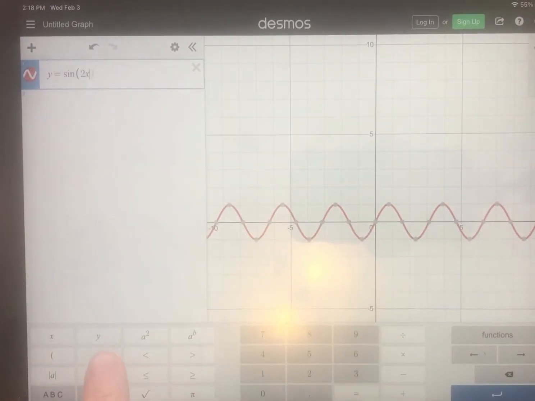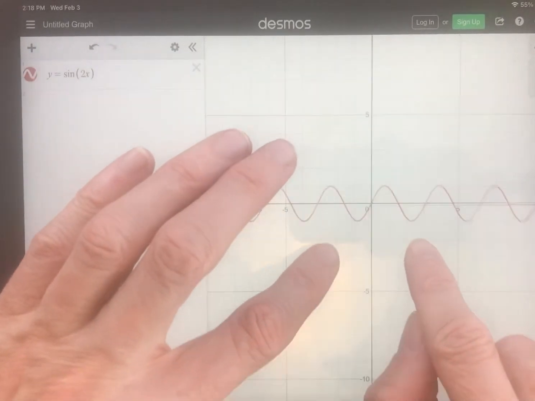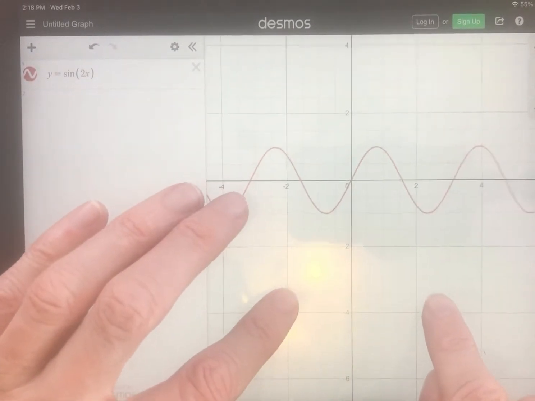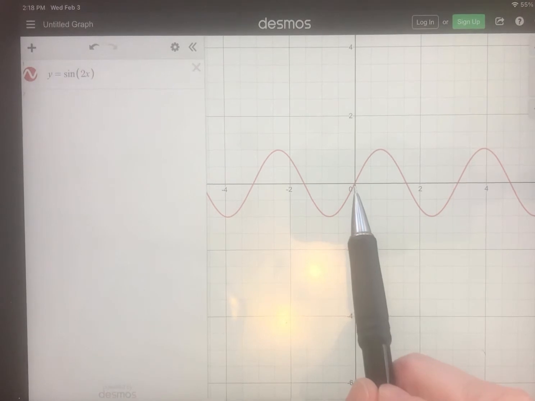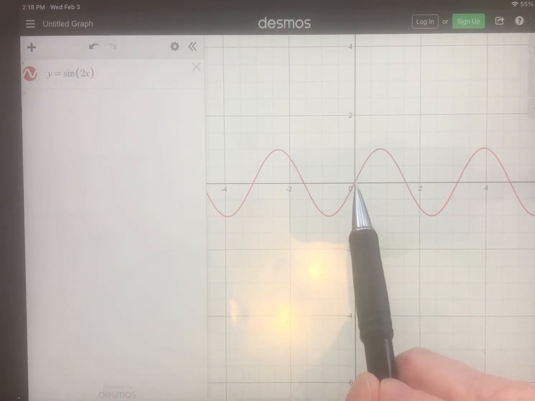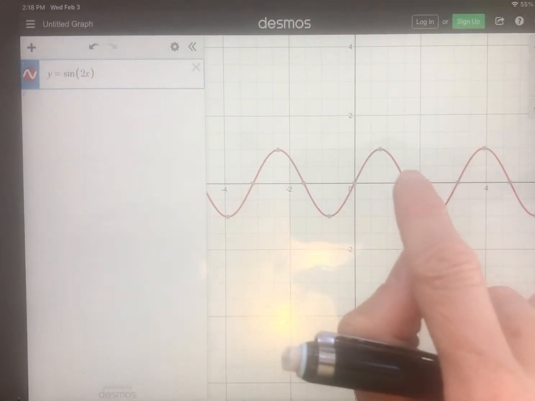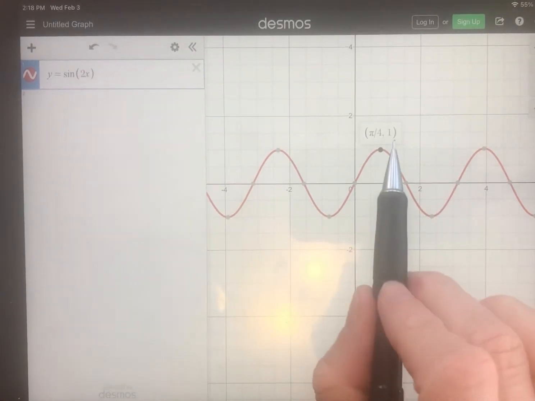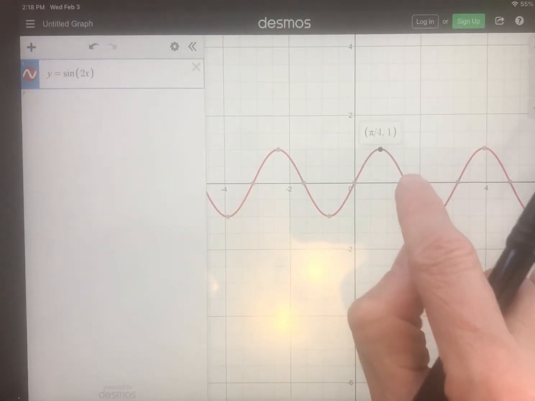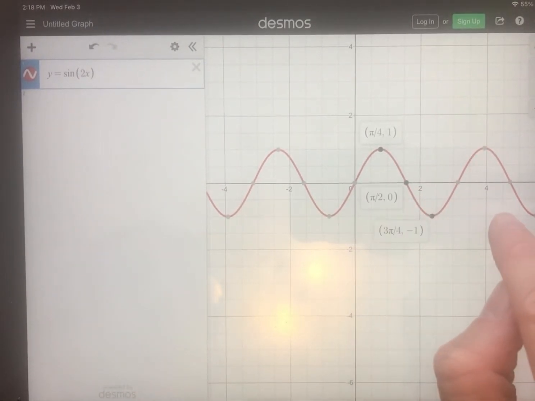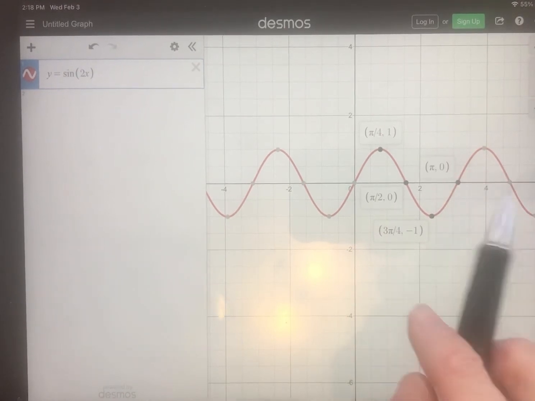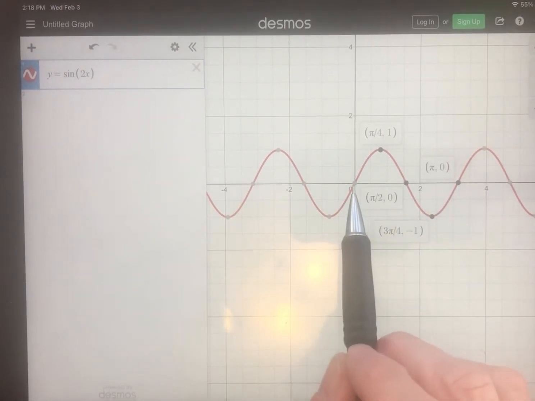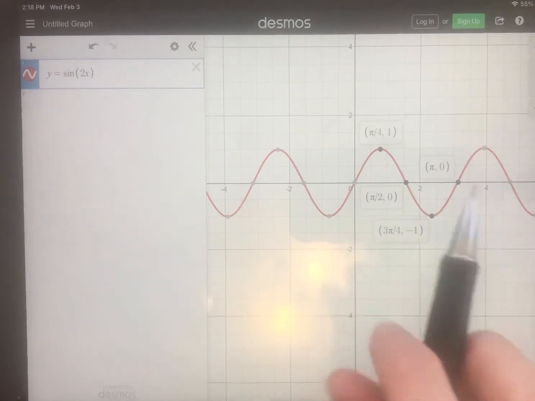Okay, close parenthesis. That was the function without the shift. Okay, and you can see here it started at 0, 0, and so we went from 0, 0 up here is pi over 4, 1. We saw that. Then pi over 2, 0, and then 3 pi over 4, negative 1, and there's the period right there. So 1 period took place in pi.